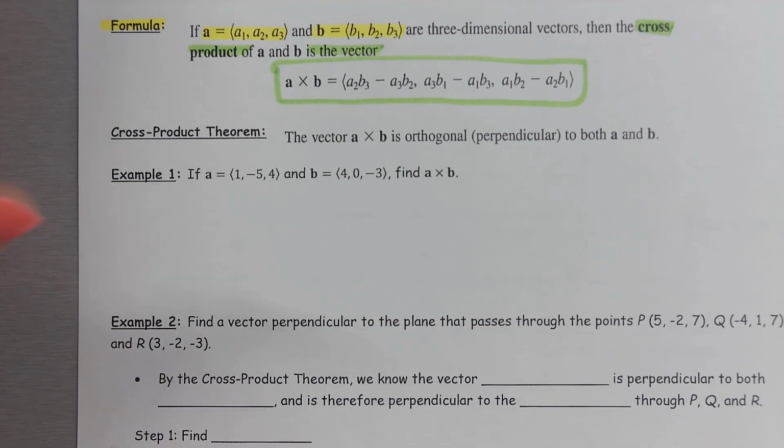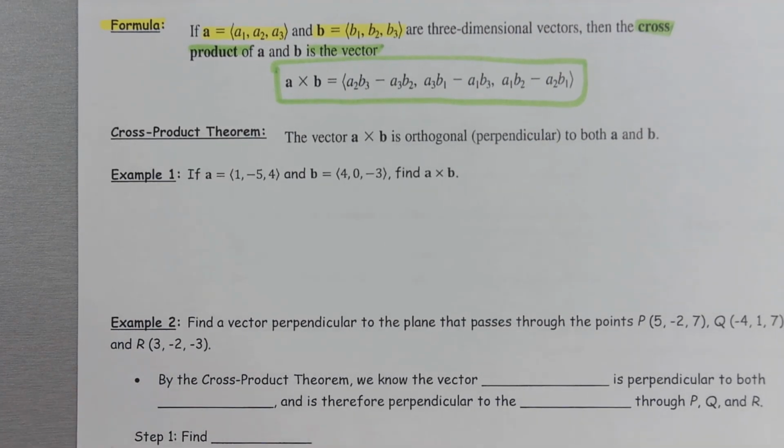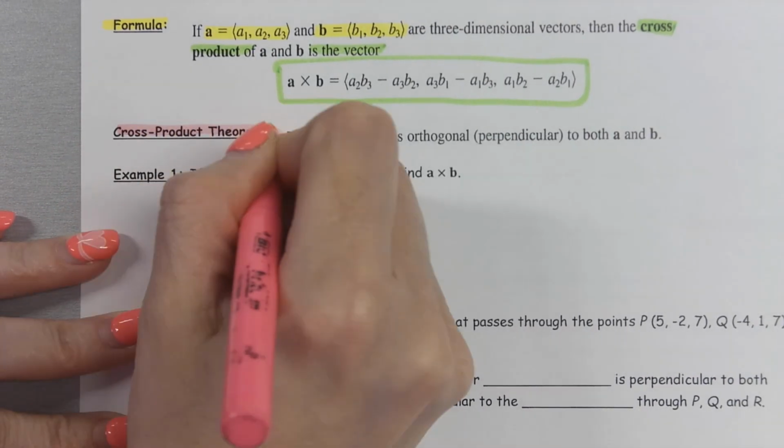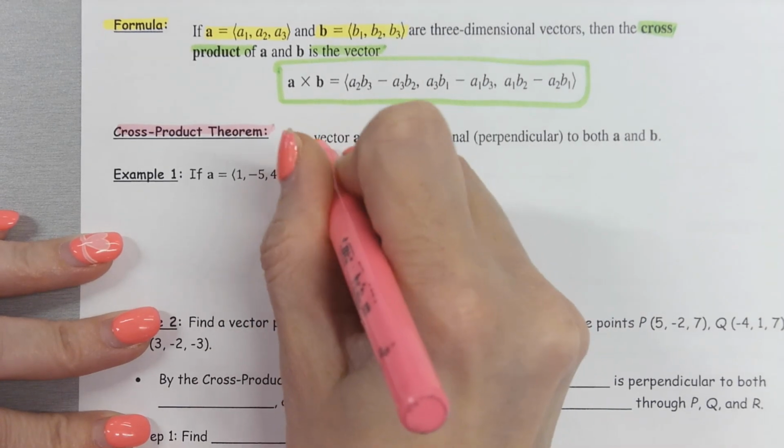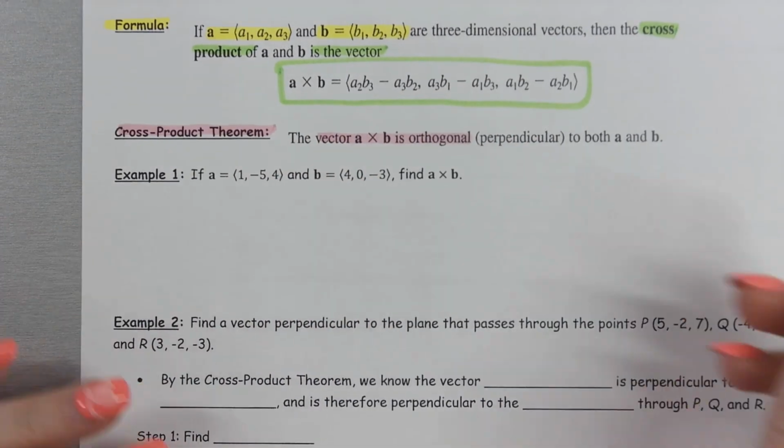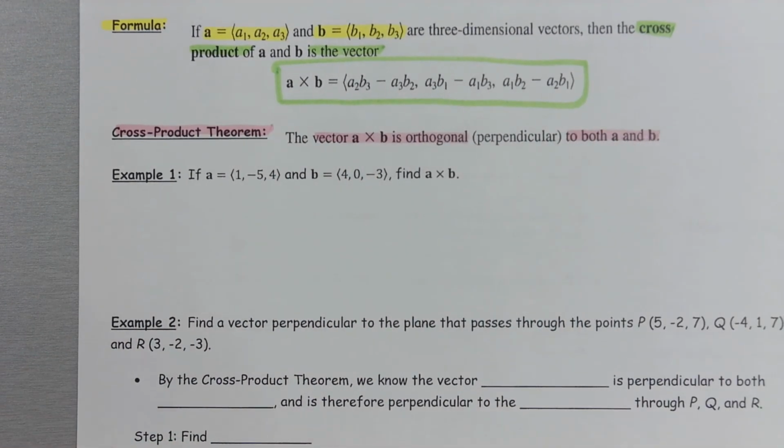Okay, and the cross product theorem, something that follows from that, is that the vector that is the cross product is orthogonal to both A and B. We mentioned that word orthogonal before. That is another way to say perpendicular, and that is something that we will need to know.